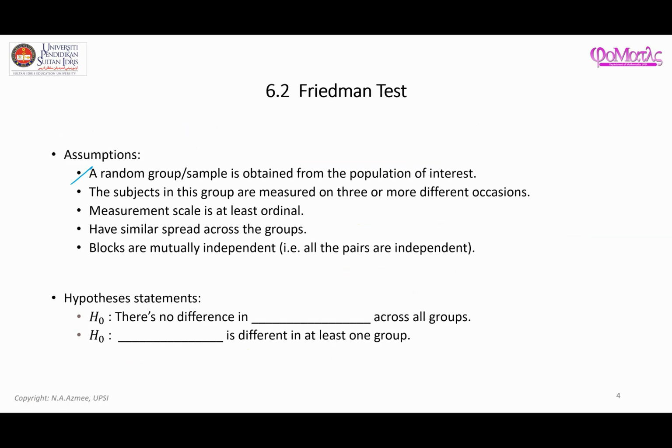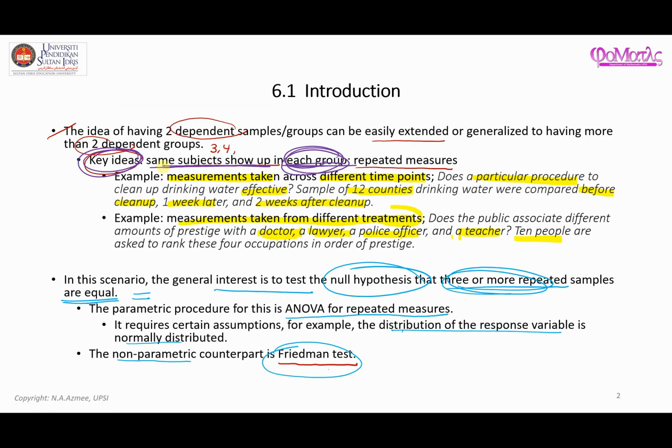So the assumptions for the Friedman test are given as follows. For example, we need the sample to be a random sample from the population of interest. The subjects in this group are measured on 3 or more different occasions. This is the same idea that is given here: the same subjects show up in each group, repeated measures.